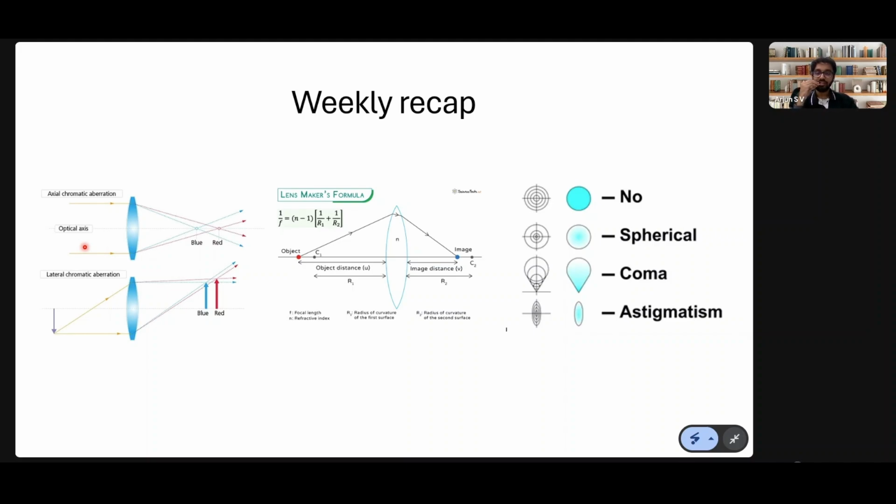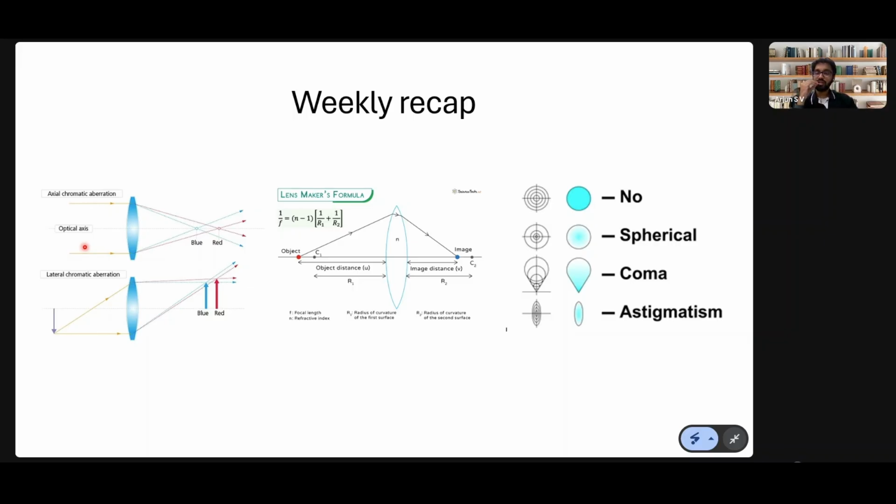If you split light into its respective components, each component has a unique wavelength. We also saw in last week's lectures that there is a wavelength-dependent refractive index when we pass light through a biconcave or a biconvex lens.